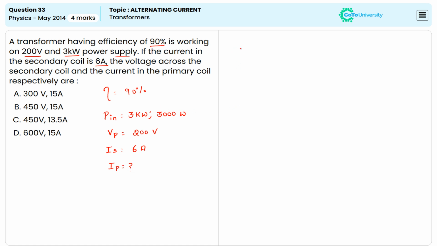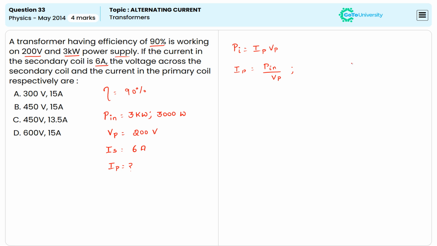We know that the power Pi is equal to Ip into Vp, where p indicates the primary coil. Then Ip is equal to Pi divided by Vp.